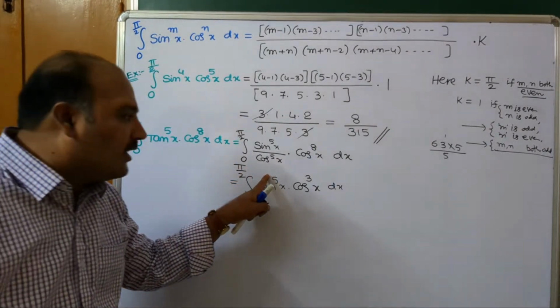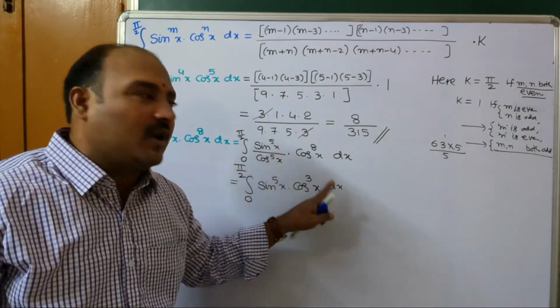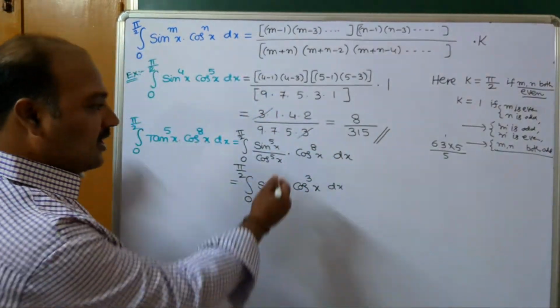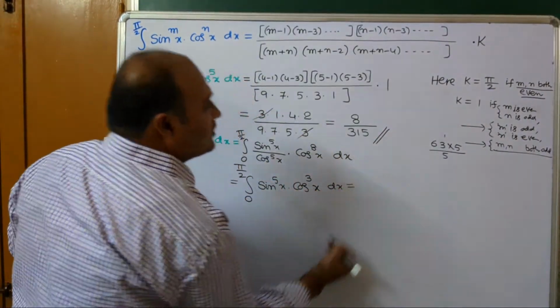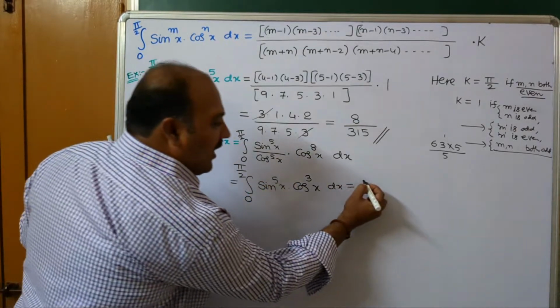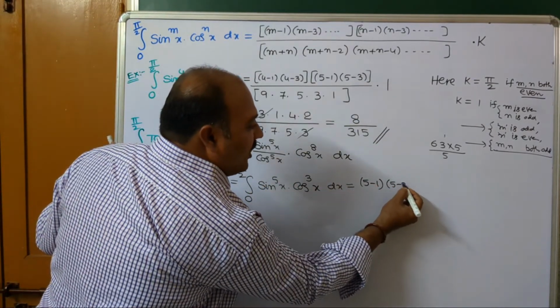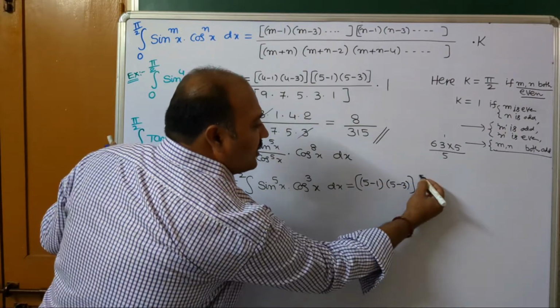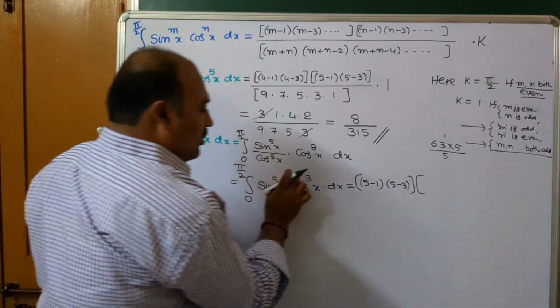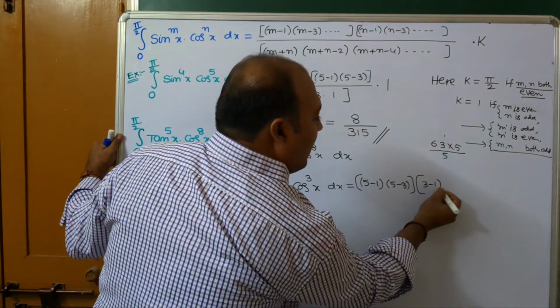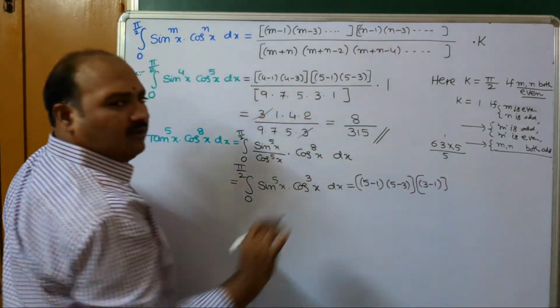Now it is in this form. Here also one is odd number, one is odd as well, so again we can go to the same case. Here I will write it, dear students. See here, 5 minus 1, 5 minus 3. We can stop it there. Next 3 minus 1; 3 minus 3 also we cannot write. Leave it there.